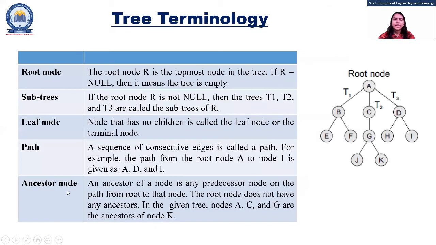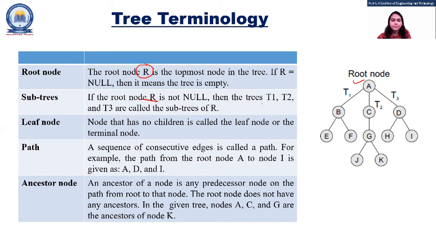Now let us see some basic terminologies related to trees. What is a root node? The topmost node of the tree is the root node, and if it is null, that means the tree is empty. Here A is the root node. What are subtrees? If R is not null, that is if the tree is not empty, then it must have some subtrees.